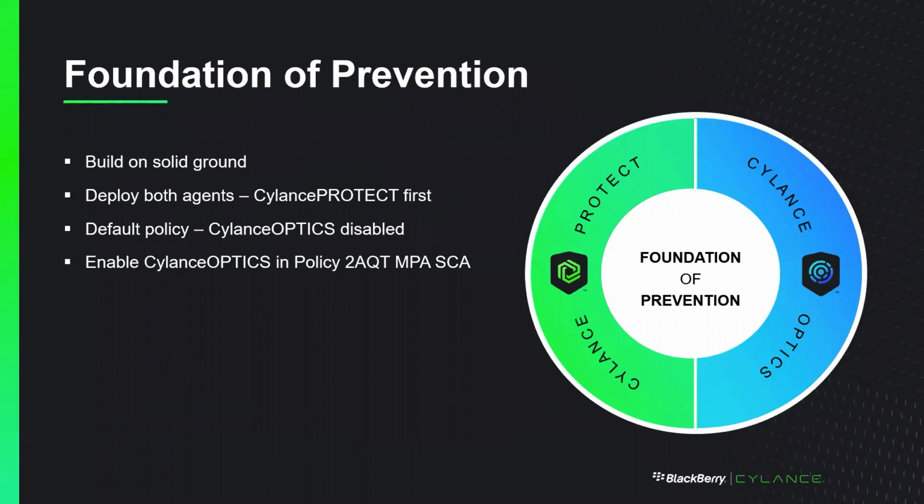And what we usually call our policy 2. So our policy 1 is going to be essentially default, it's passive only, right? Policy 2 is going to be into auto quarantine, and then start utilizing the memory protection from at least an alerting perspective and get into script control alerting as well.